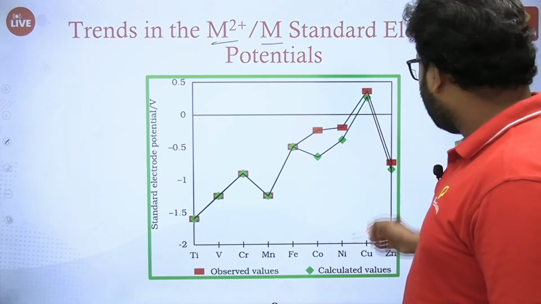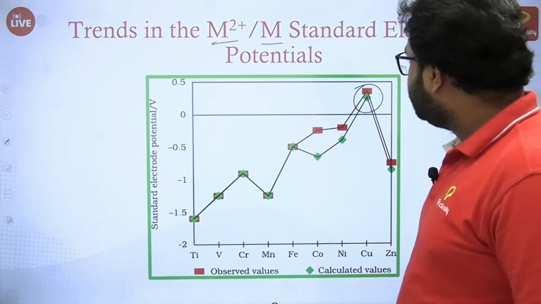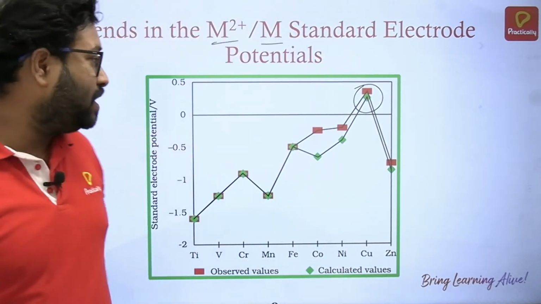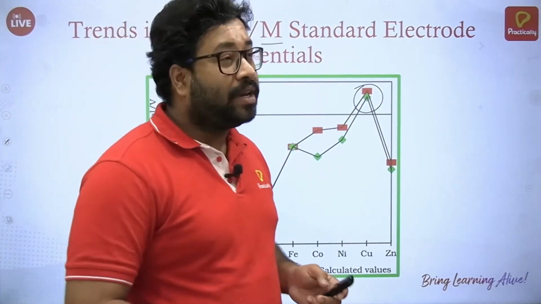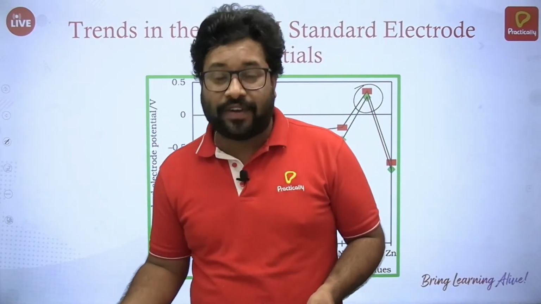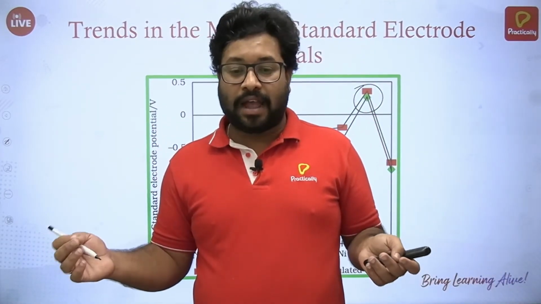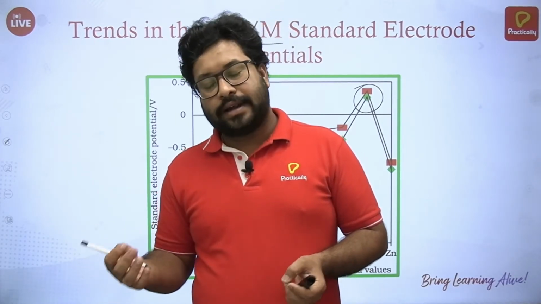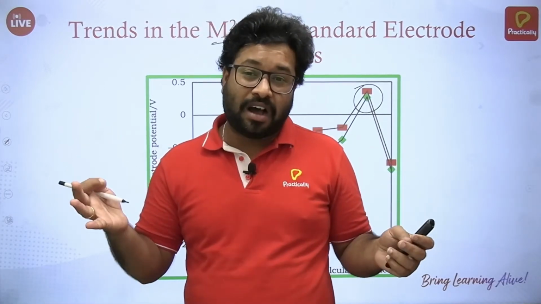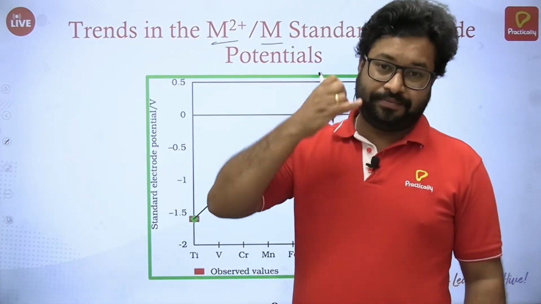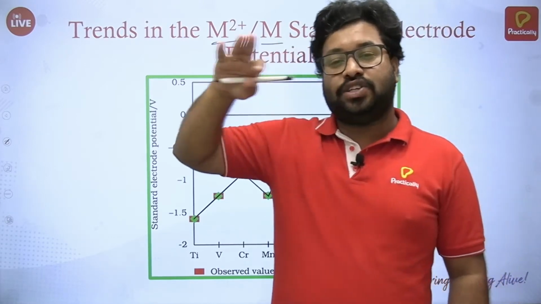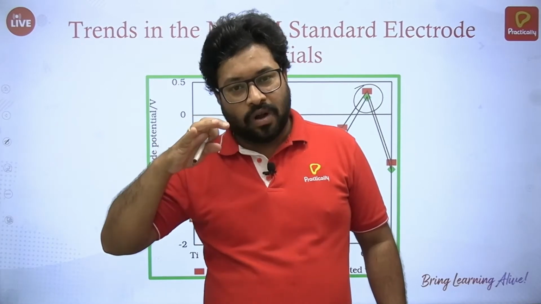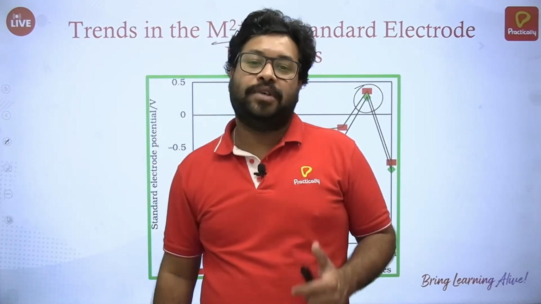so you can see here copper shown to be the strongest oxidizing agent. In fact, the reduction potential of copper is higher than, sorry, it is not higher than hydrogen. In fact, all the metals have lower reduction potential than hydrogen, and the exceptions are copper, after copper you have Ag, Au: copper, silver, gold, platinum, and mercury.